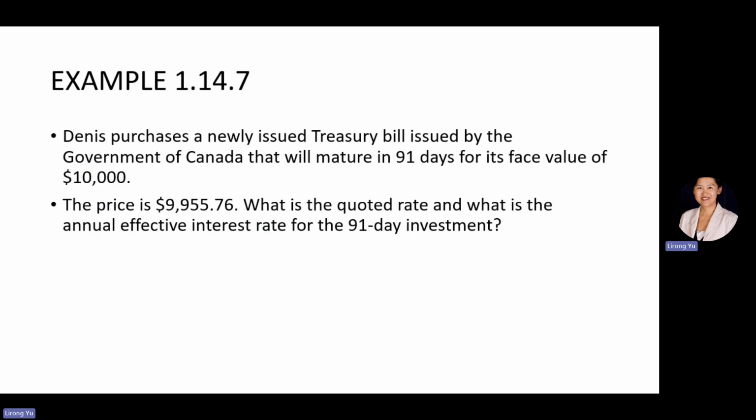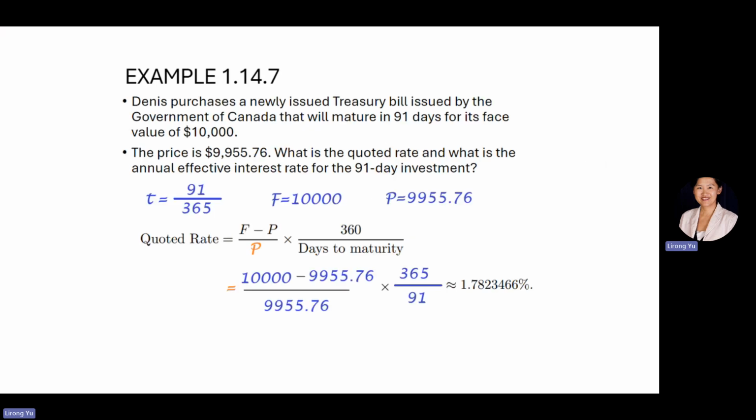Okay, so for the same cash flow, the present value of 9,955.76 and a future value of 10,000, we're going to calculate again, if that is a cash flow in the Canada T-bill, what will be the quoted rate? So here is the calculation. Again, the F and the P are all the same, except the formula.